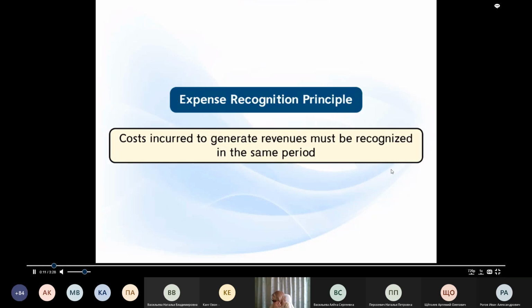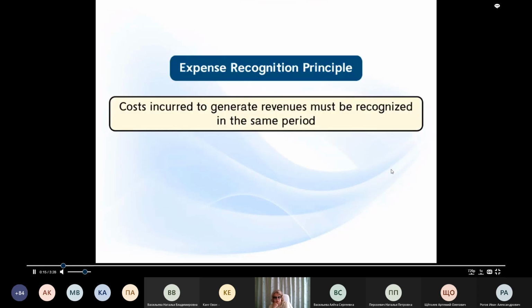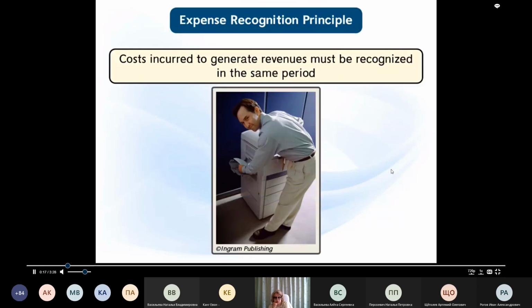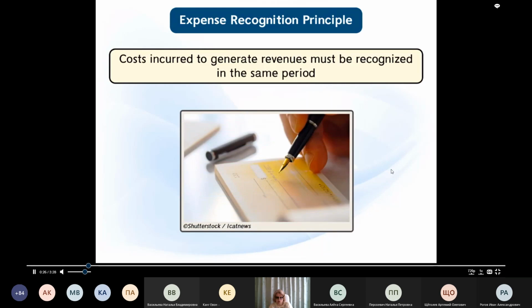In other words, we are trying to match costs or expenses with benefits or revenues. What do we mean when we say an expense is incurred? In an accounting context, think of it as meaning that the company has used up goods or services obtained from outside vendors. It's easy to recognize or record an expense when the customer pays in the same period as the expense is incurred to generate revenue.